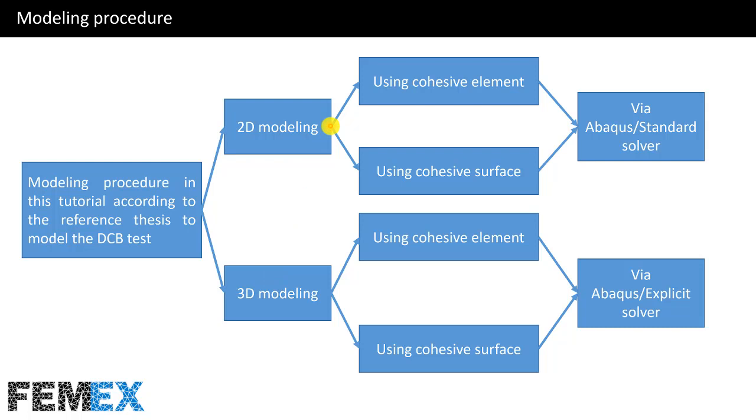About the 2D models, one of them has been created using cohesive element, and one of them has been created using the cohesive surface, and both of them have been solved using the Abaqus standard solver. And about the 3D models, one of them has been created using the cohesive element, and one of them has been created using cohesive surface, and both of them have been solved using the Abaqus explicit solver.